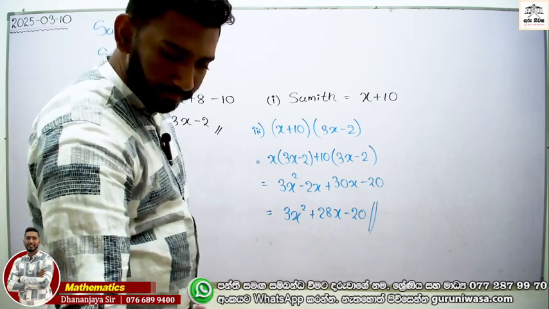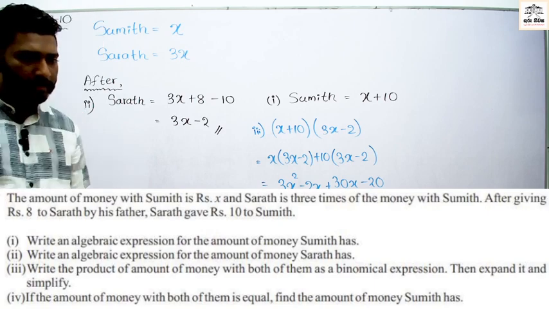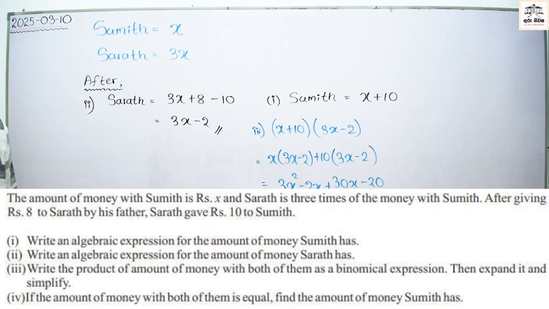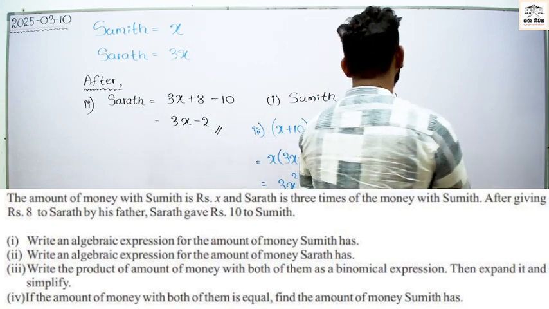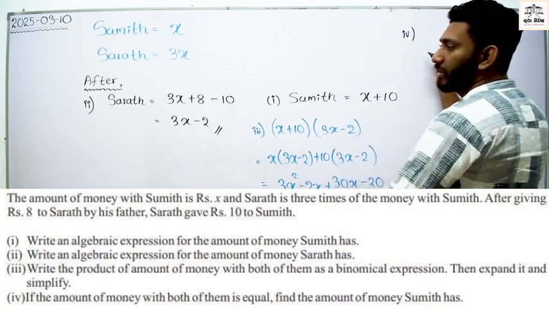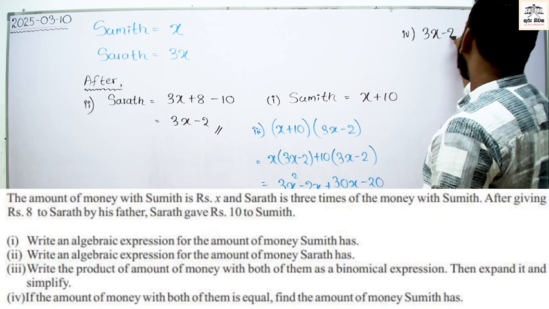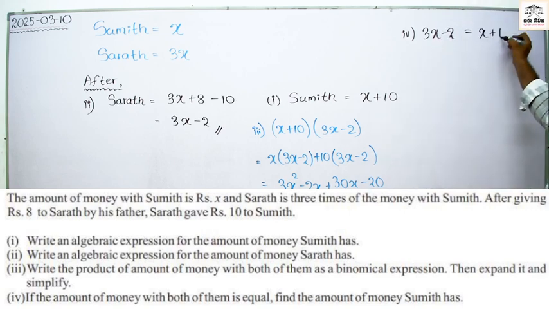Right, third one. Now, if the amount of money with both of them is equal, find the amount of money Sumit has. මේ දෙන්න ළඟම තියෙන money equal. මේ බලන්න දැන් වැඩි. Both are equal. Therefore, Sarat's 3x minus 2 should be equal to x plus 10.